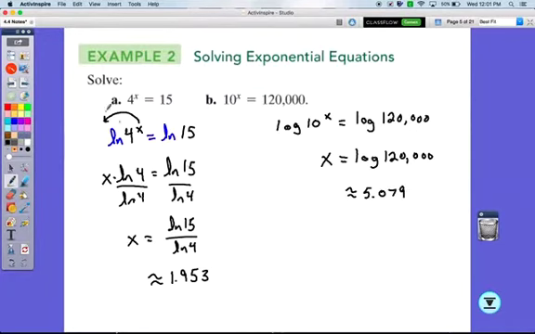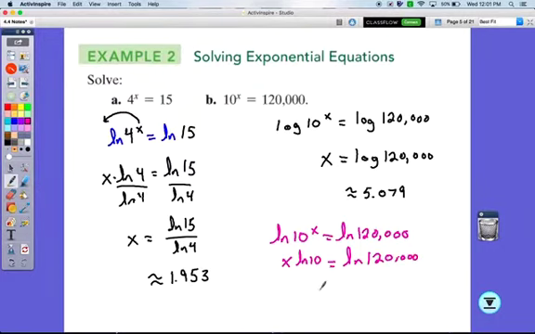Now, you could use natural log on this one. You could write this as the natural log of 10 to the x is equal to the natural log of 120,000. Bring the x out front like we did in example A. And we get x times the natural log of 10 is equal to the natural log of 120,000. And then divide the natural log of 10 over.